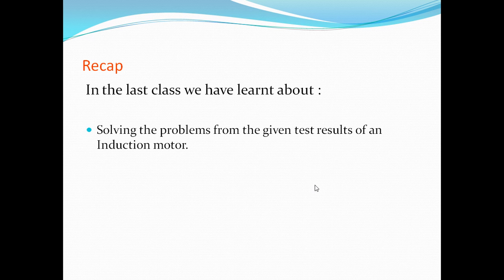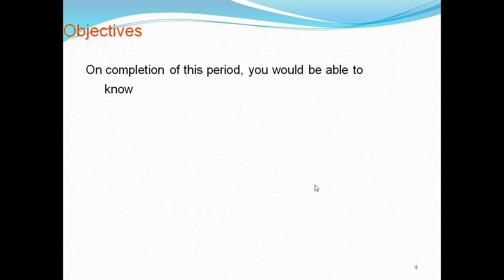For drawing the circuit diagram, which test results are required, how we conduct the test, and how we use those parameters to draw the circuit diagram, and after drawing it, how we can calculate the different parameters. And we have solved so many problems also.